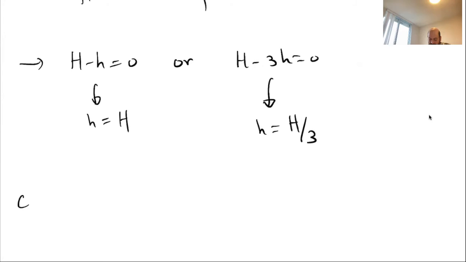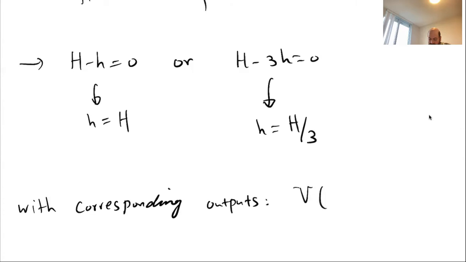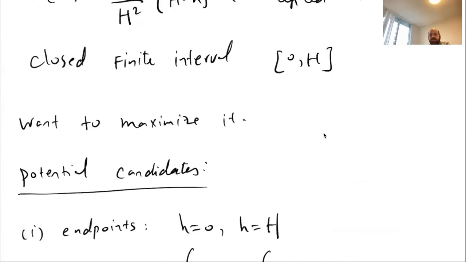And then the corresponding outputs. V of capital H, we already saw this is 0, and V of capital H over 3: if small h is capital H over 3, what will be V?